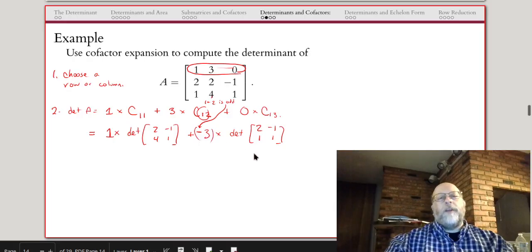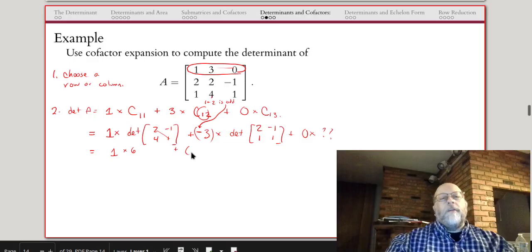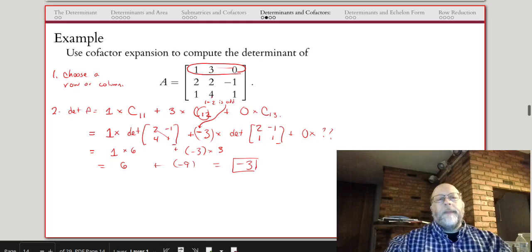So this is going to be -3. And then we're going to get 0 times something, but I don't care what that is because 0 times anything is 0. And so this is going to be 2 minus a -4, which is 6. And then this is going to be -3 times 2 minus a -1, which is 3. And so this is going to be 6 plus -9. And my final answer is -3. That's the determinant of this matrix.